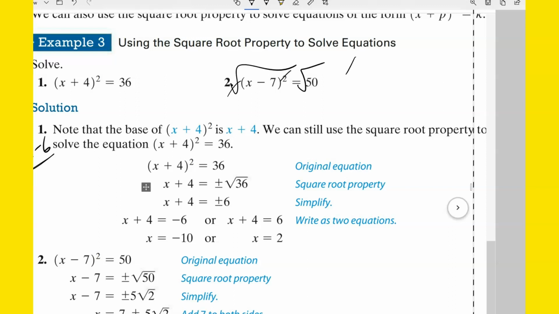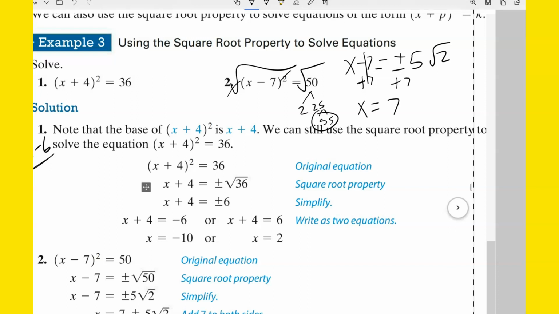That gives me x minus 7 equals plus or minus. Now the square root of 50 will break down: 2 times 25, 5 times 5. So I've got a 5 on the outside, 2 on the inside. Okay, now I can get rid of the minus 7 by adding 7 to both sides. So I've got x equals 7.